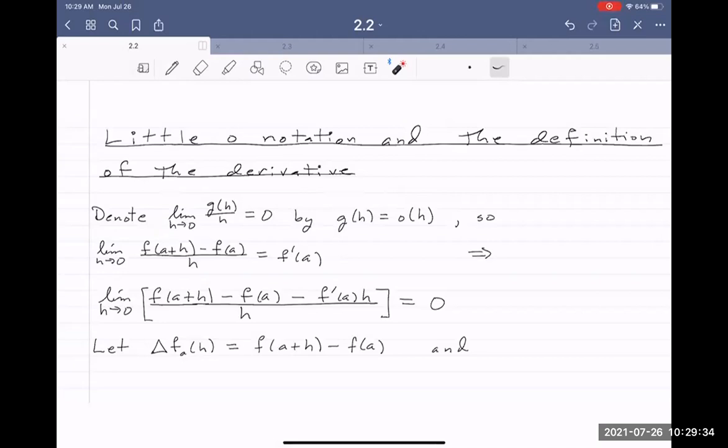So g goes to 0 even when I divide g by h. It still goes to 0 as h goes to 0. So it goes to 0 very fast. It goes to 0 faster than h goes to 0. So g goes to 0 faster than h goes to 0. Because if I divide g by h and let h go to 0, this ratio still goes to 0.